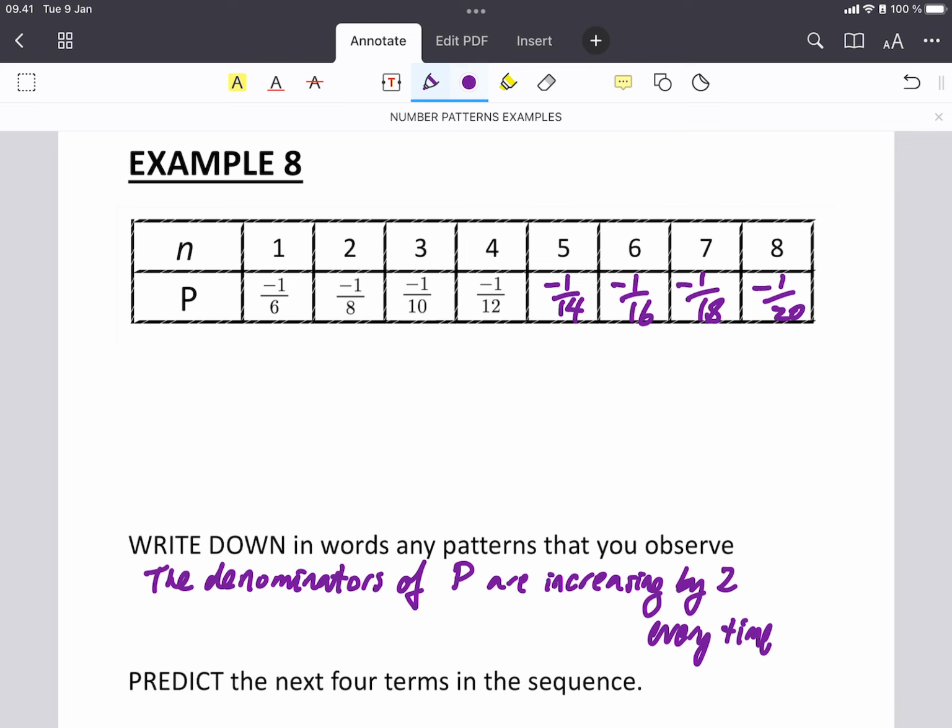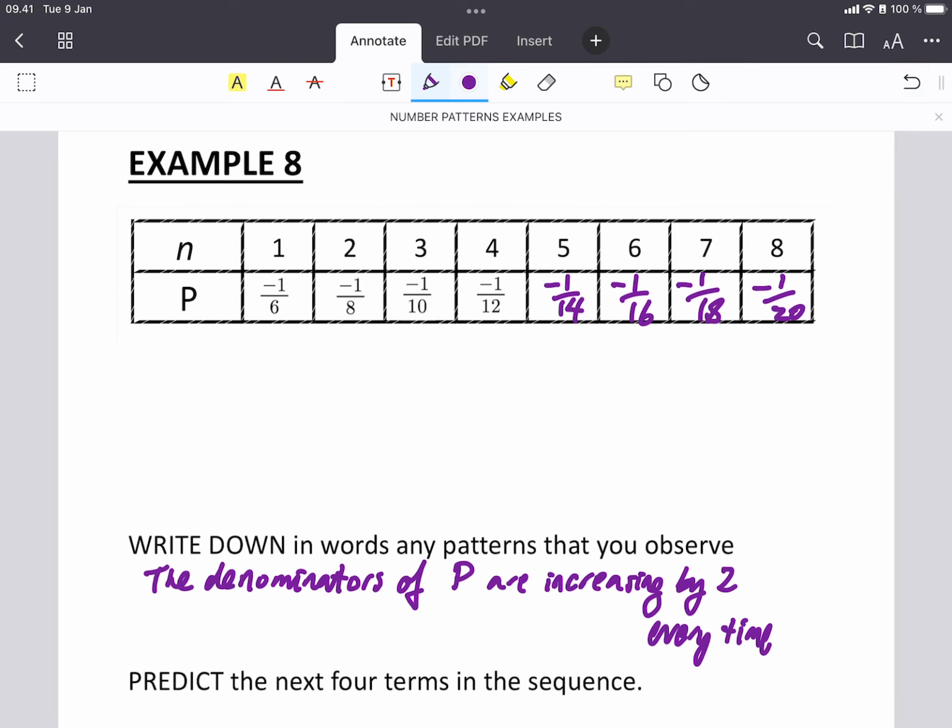So if we just think about the denominators, they're going up by 2 every time. So that gives you a bit of a clue that there's got to be something to do with 2n in it, because those denominators are going up by 2 every time the n is going up by 1.